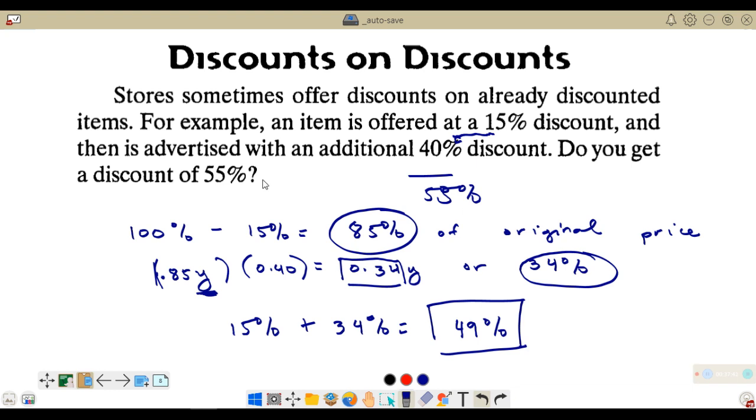So, hindi 55% yung na-discount mo from the original price. Instead, it is only 49%. Kasi yung 15% ay from the original price, but the 40% is from the 85% of the original price, which is just 34% of the original price, which will give you 15% plus 34% or 49%. Okay?